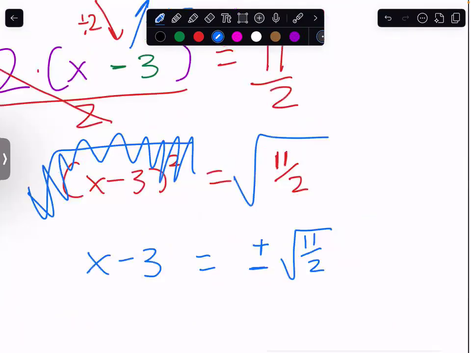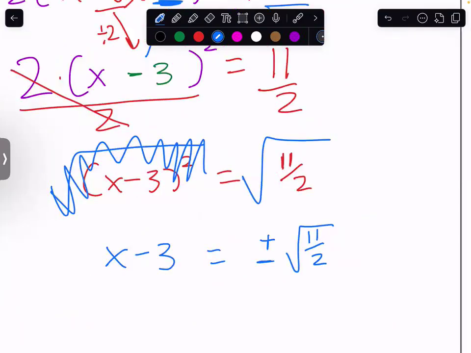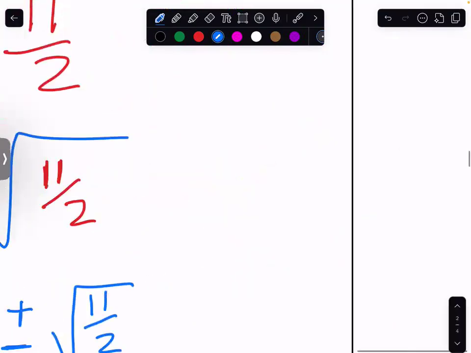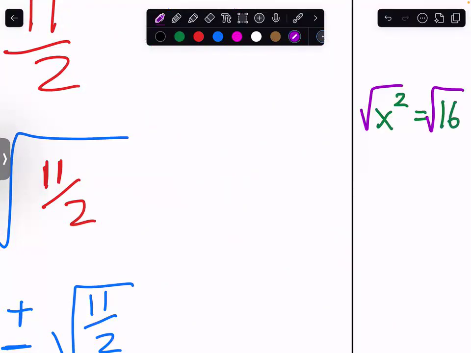Okay, so let me explain the reason that we need a plus minus sign. Here's a separate problem, but let's just say I told you that x squared equaled 16. So when you square root both sides, up until now, we've always said, oh, 16 is 4 squared, so you think 4 is the answer because 4 squared does equal 16.